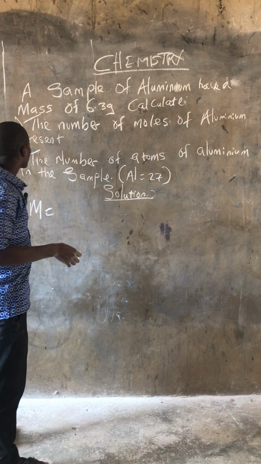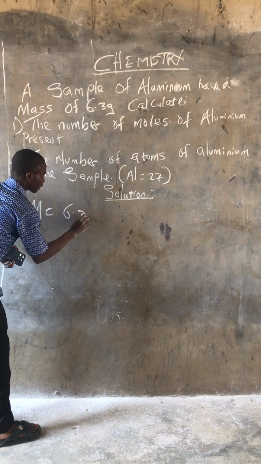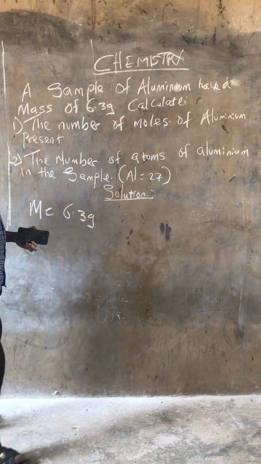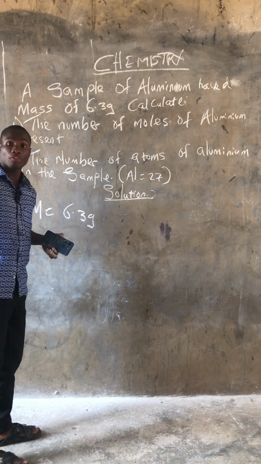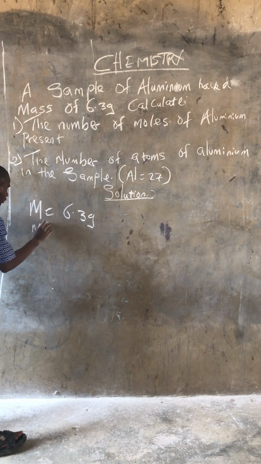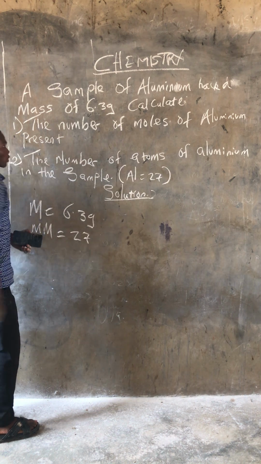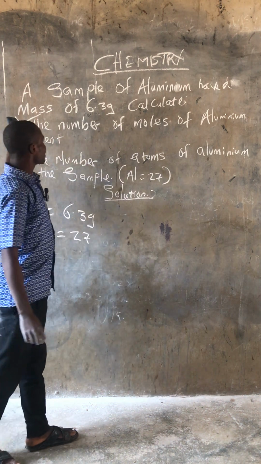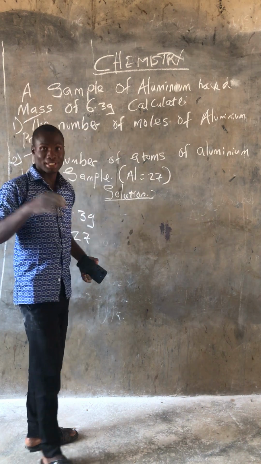So we are given the mass, which is 6.3 grams, and we are given the molar mass of aluminum, which is 27. So the first question, question 6, we should calculate the number of moles of aluminum present.